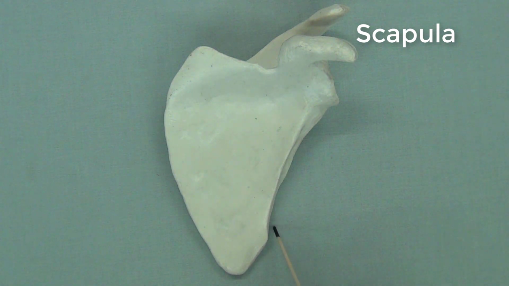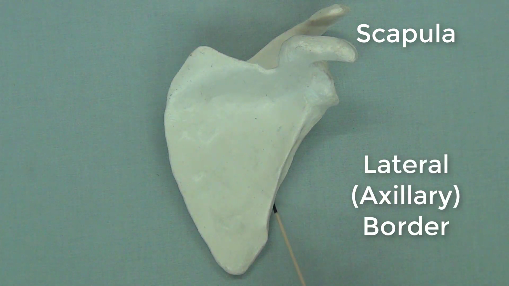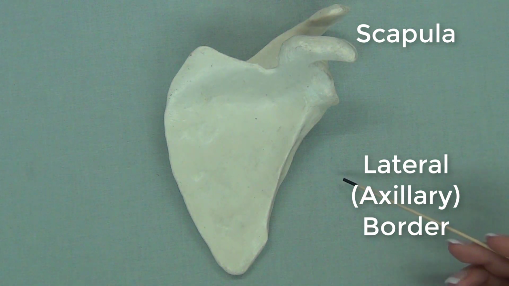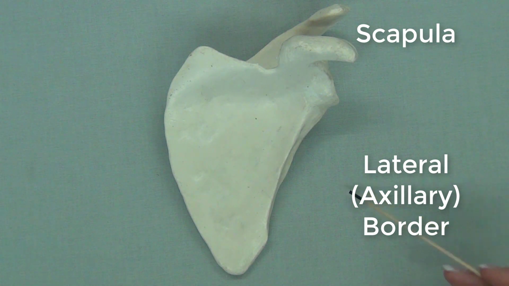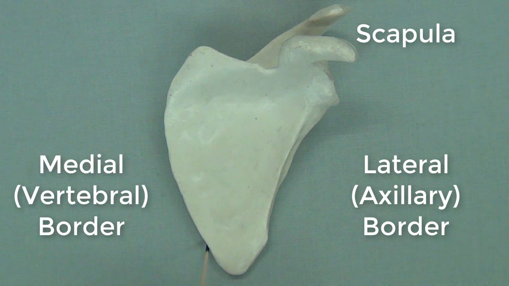The border that is inferior to the glenoid cavity is called the lateral border or the axillary border. Axillary because it is in the armpit region. This border is called the medial border or the vertebral border because it is closer to the vertebral column.